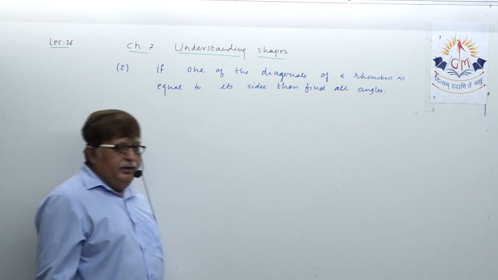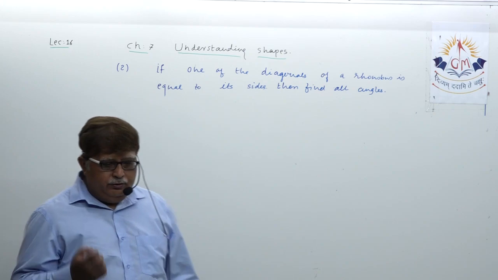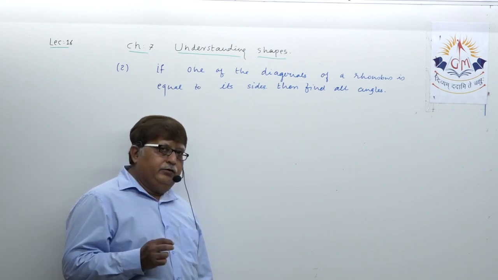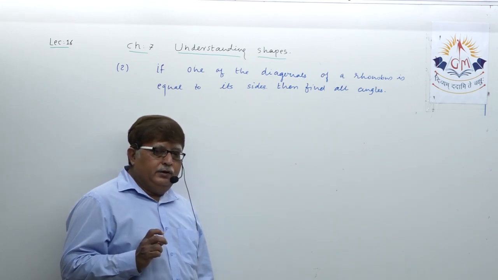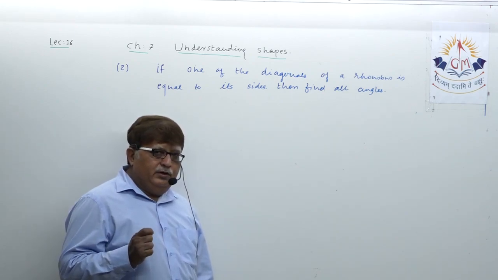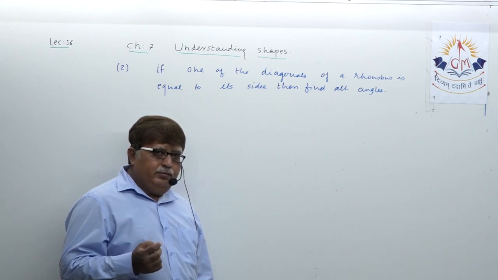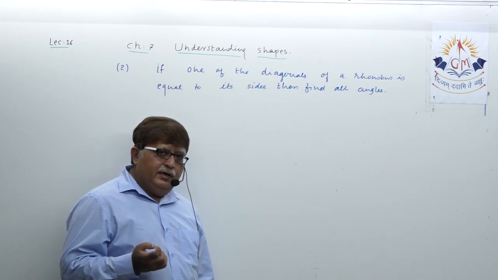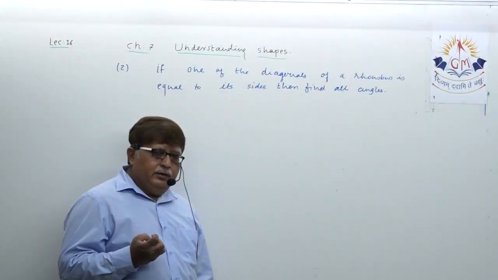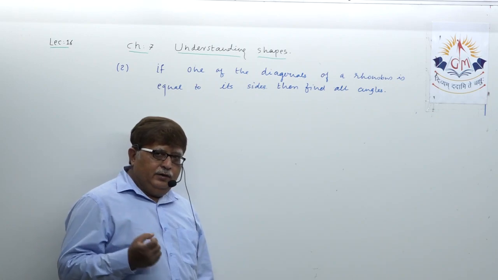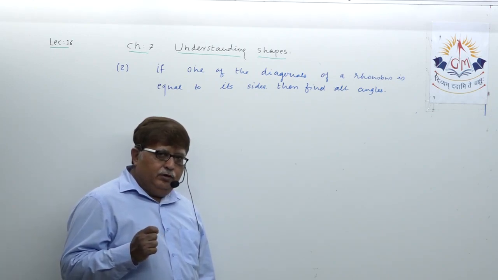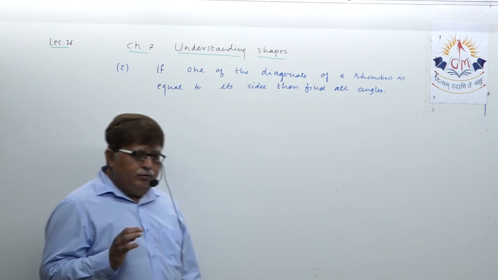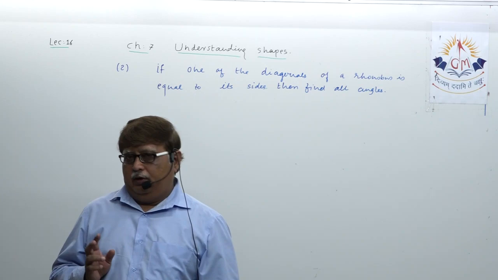find all angles. Before I really solve the example here, I want to give you a little time for stimulating your brain. Are you able to get and gather some data, or are you able to guess what could be the measure of one of the angles? I am just giving you 2 minutes of stimulation on your part.